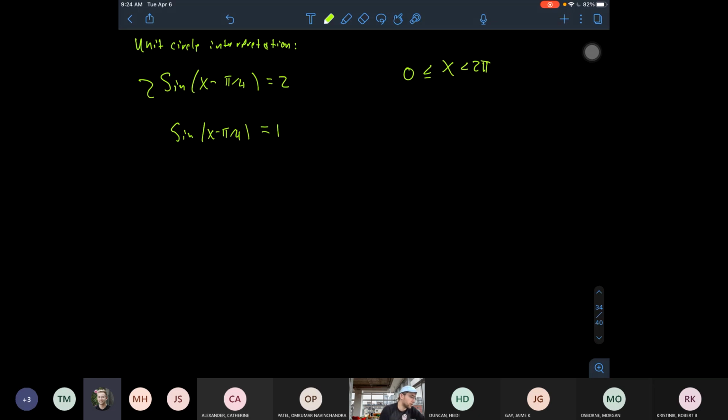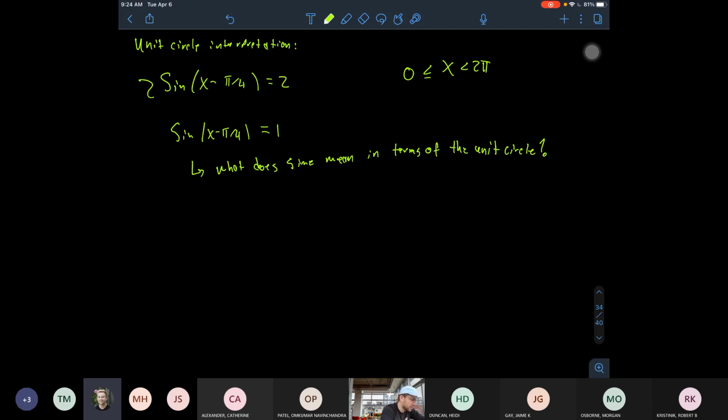So if I want to use the unit circle to understand what's happening here, I need to remember what sine means in terms of the unit circle. So let me ask you guys, what does sine mean in terms of the unit circle? What is the sine function? What's the relationship between the sine function and the unit circle?